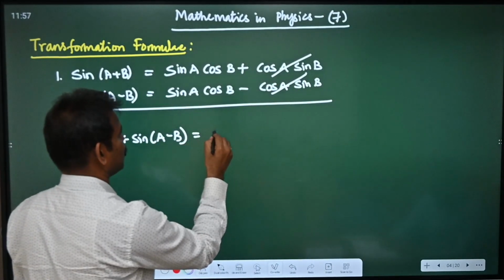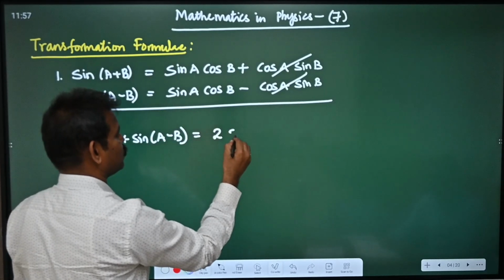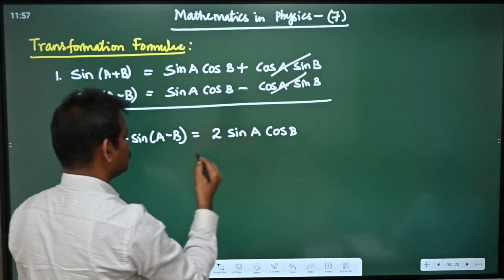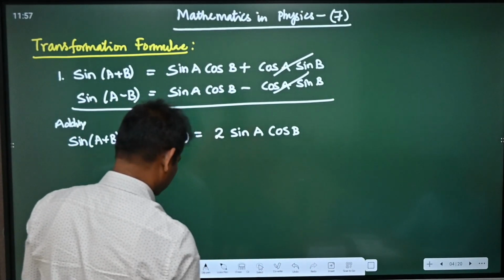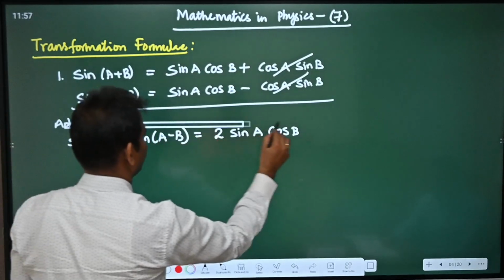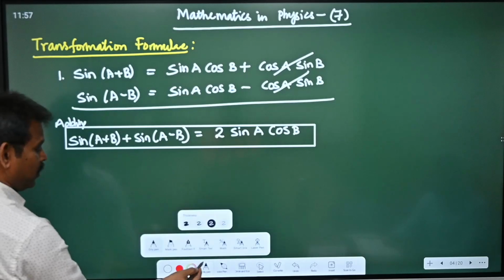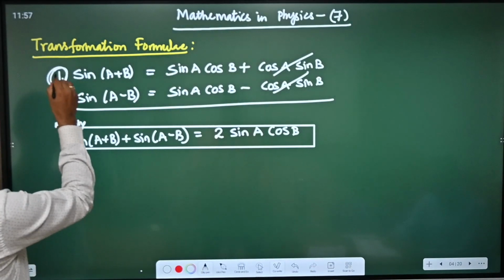The remaining terms are sin A cos B plus sin A cos B can be written as 2 sin A cos B. This is the first formula in transformations.